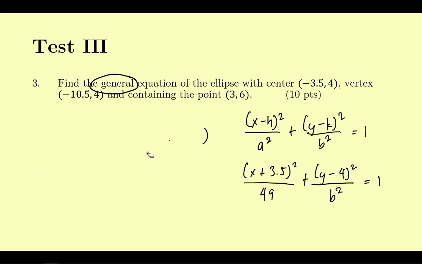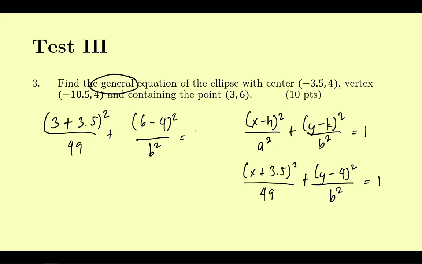So, lagay lang yung value ni x and y. 3 plus 3.5 squared over 49 plus 6 minus 4 squared over b squared is equal to 1.